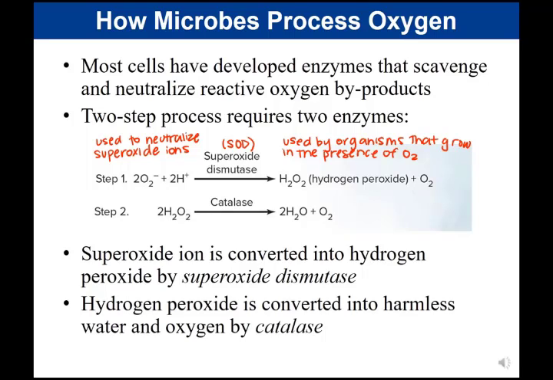Now, when superoxide ions are neutralized and they produce hydrogen peroxide, we need a second enzyme to neutralize the hydrogen peroxide. That second enzyme is one that we talked about in lab, and that enzyme is catalase. This is used to neutralize hydrogen peroxide.